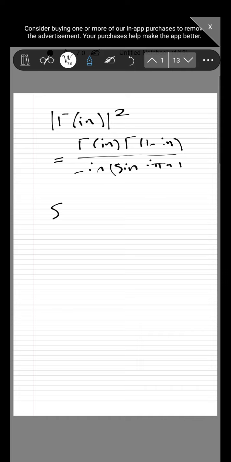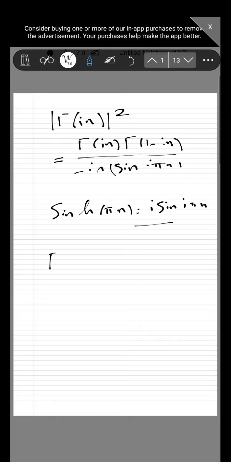Further, we know that sinh(πn) is equal to -i sin(iπn), so this will replace sin(iπn) by sinh(πn) divided by i.